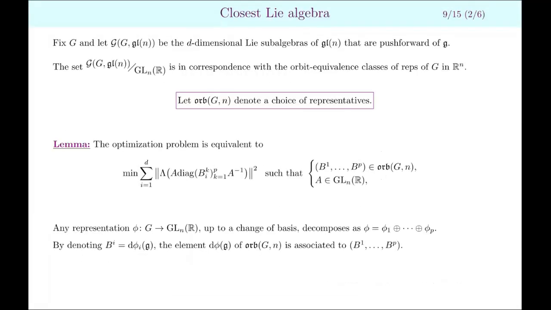So from now on, I will fix the group G. I will fix the candidate Lie group G, and I will only consider the Lie subalgebras that are the pushforward of this group. Okay.